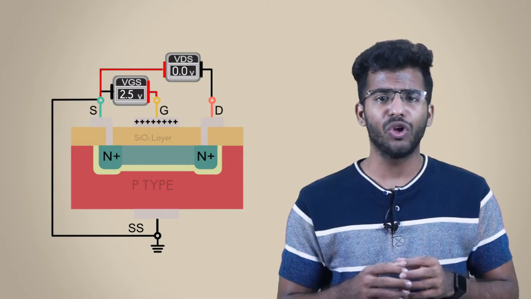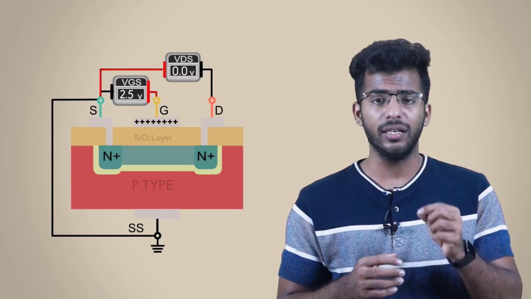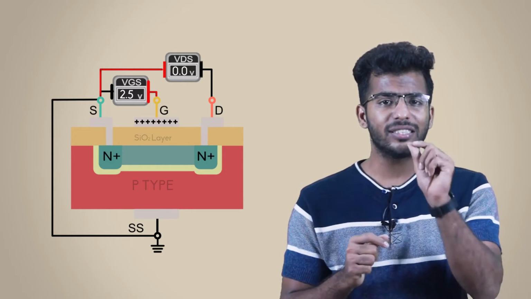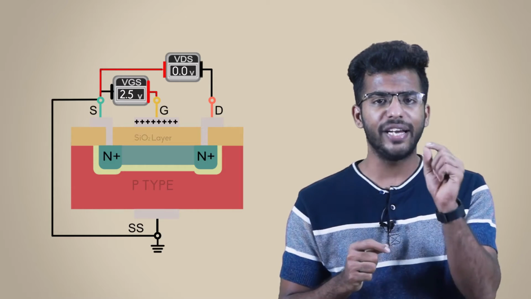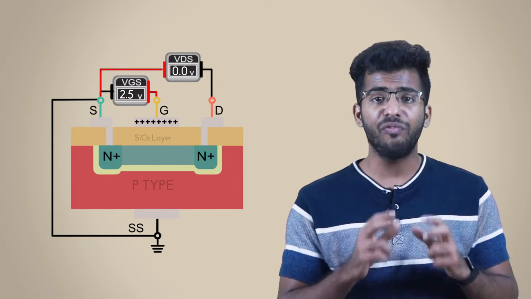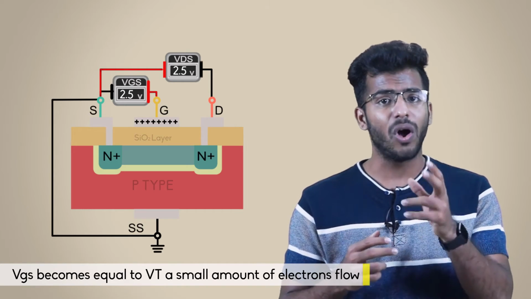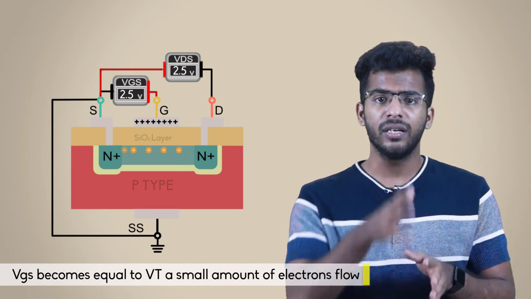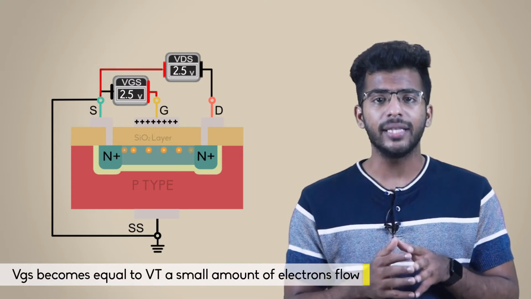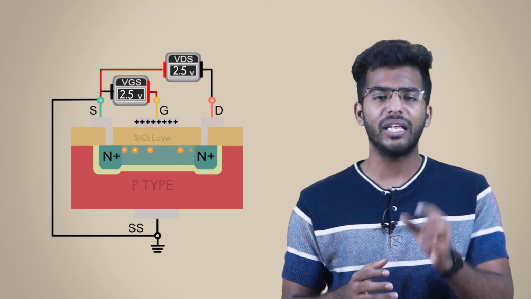Now, let us look at the operation. Once the channel is formed, we will provide a small amount of voltage VDS. When VGS becomes equal to VT, the threshold voltage, a small number of electrons flow between the source and drain. Hence, the drain current will be very less.